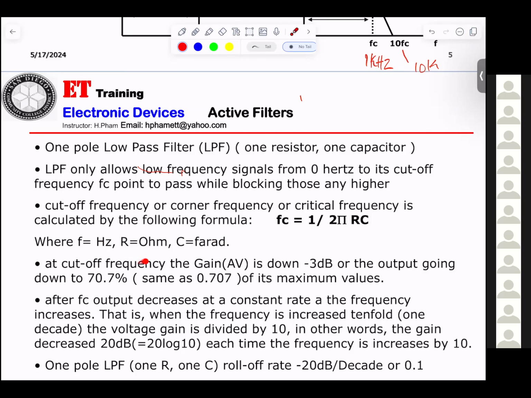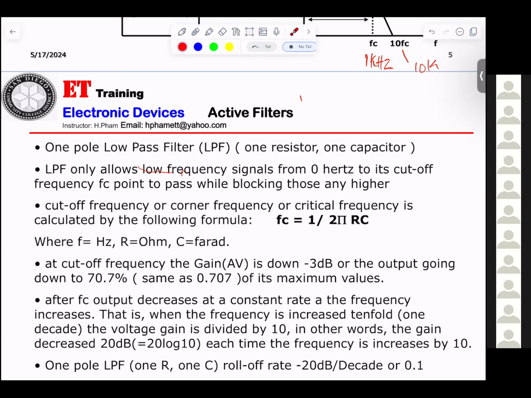At the cutoff frequency, the gain AV is down 3 dB, or the output goes down to 70.7%, the same as 0.707, of its maximum value.